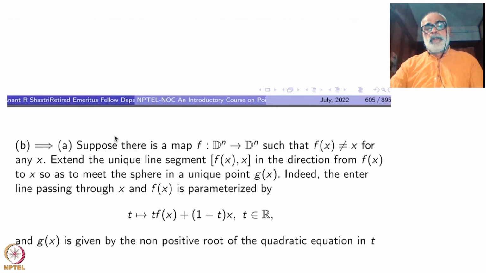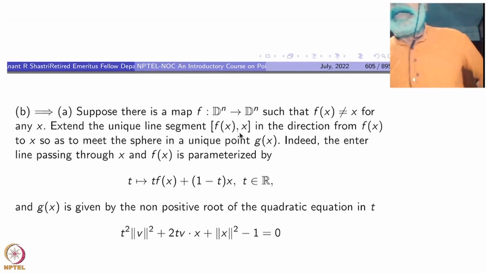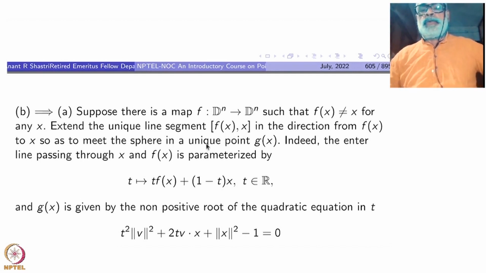Now I want to prove B implies A. Suppose there is a map f from Dn to Dn such that fx is never equal to x. Extend the unique line segment from fx to x. See, these are vectors inside some Rn. So a line segment between 2 points, 2 vectors, makes sense, fx to x.